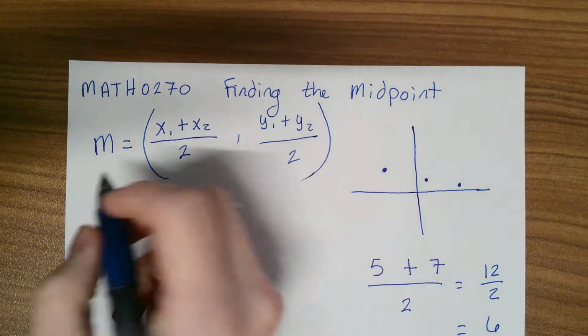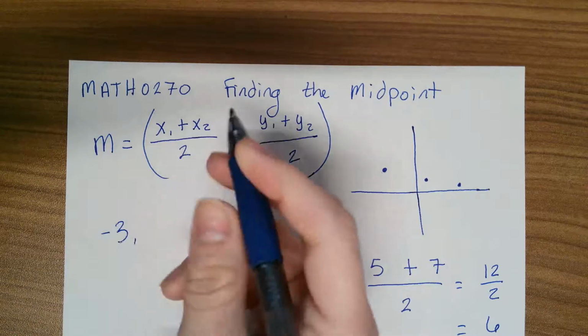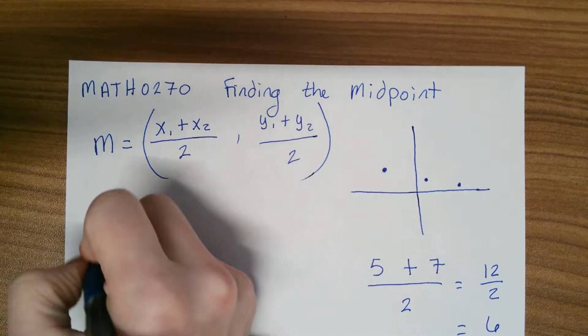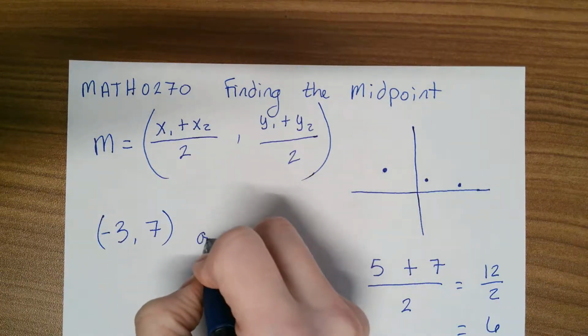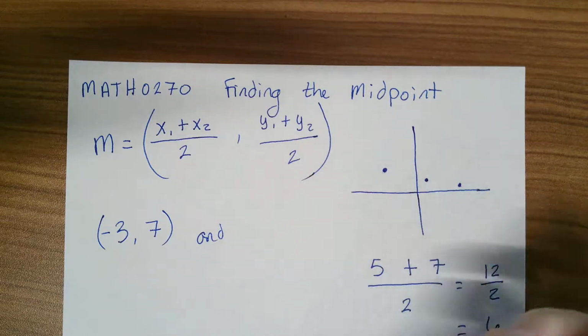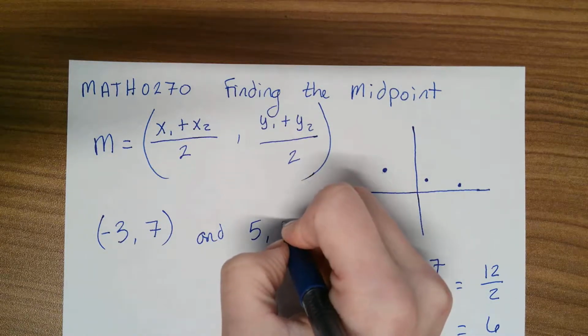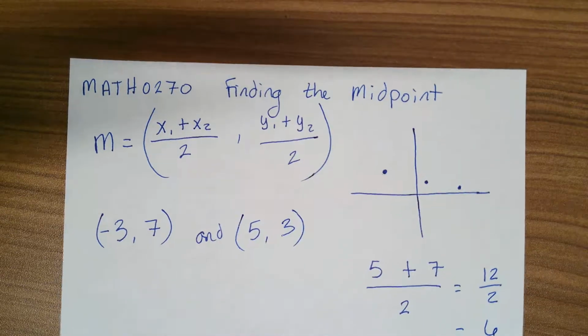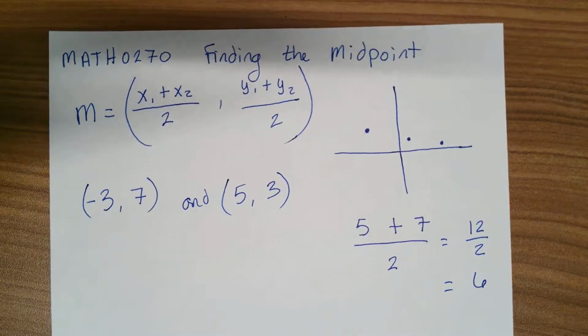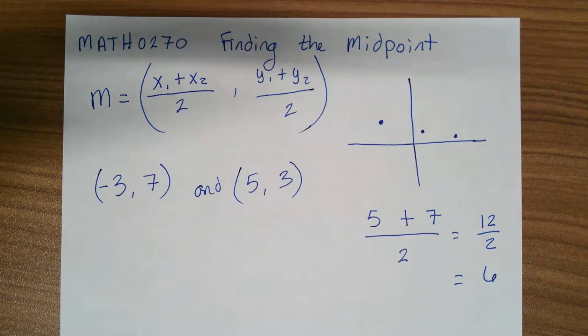So let's say I have -3 and 7 for 1 point, and I have 5 and, I don't know, let's say 3 for another point. So these are my 2 original points, and I want to find the midpoint. I want to find the point that's directly in between these 2 points or coordinates.